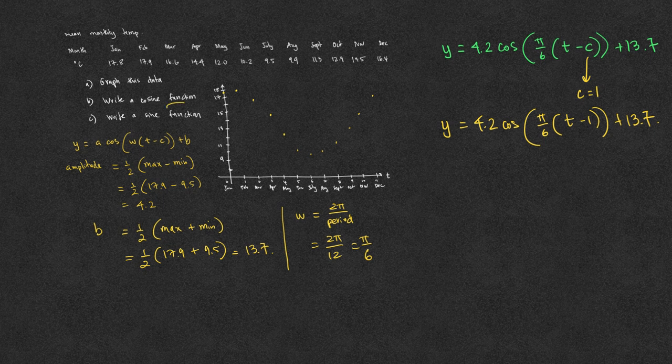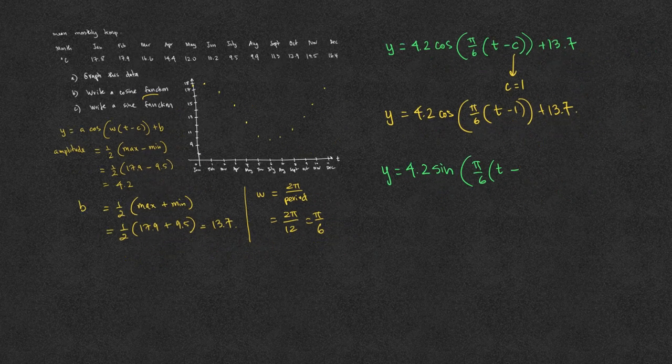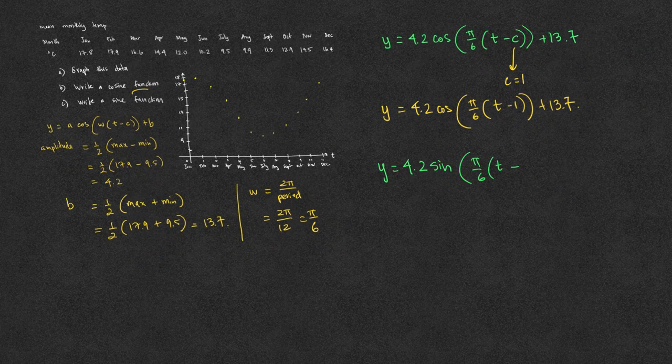To rewrite it using the sine function, the amplitude is the same, but this time we use sine. Pi over 6 times t minus... we don't expect to have the same horizontal shift if the sine function is used, and so we still need to find c, and the midline is still 13.7.